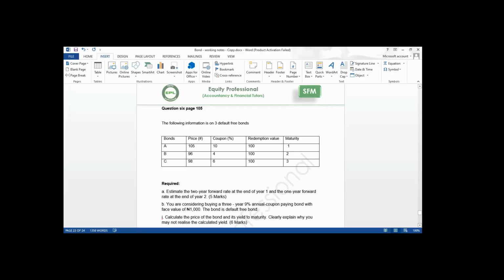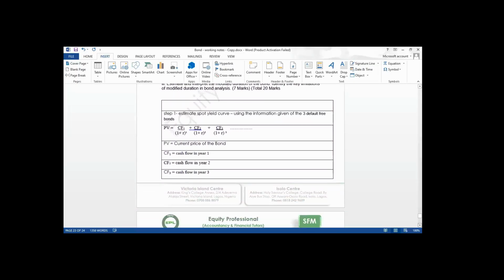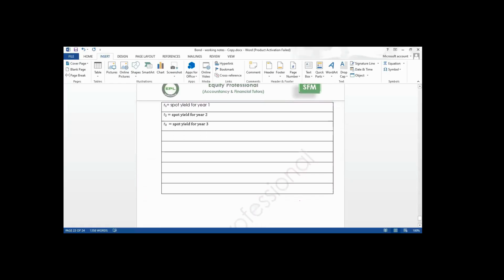Now, let's define what we are told to estimate. So now let's explain this. 2-year forward rates at the end of year 1. That means I want to calculate 2-year forward rates.